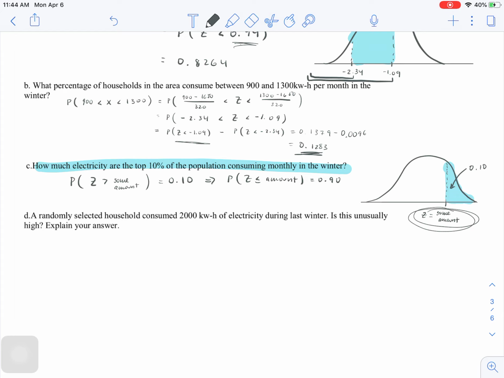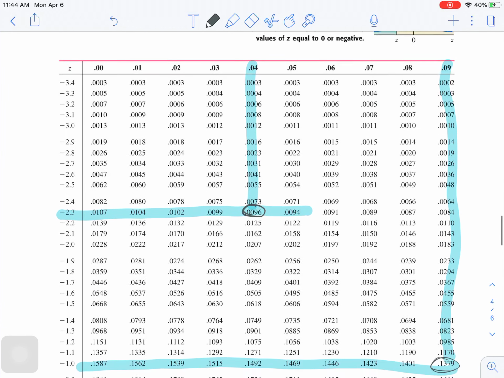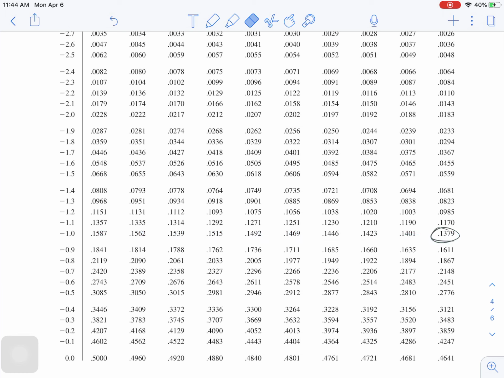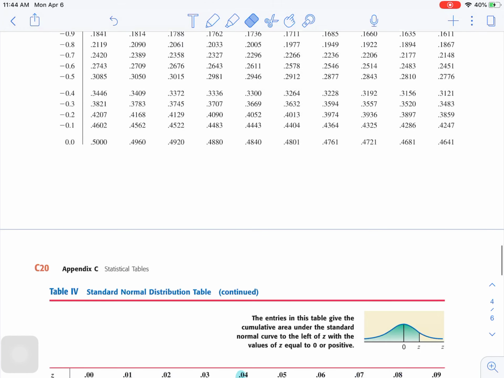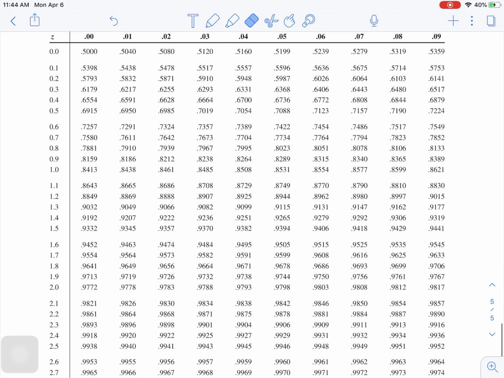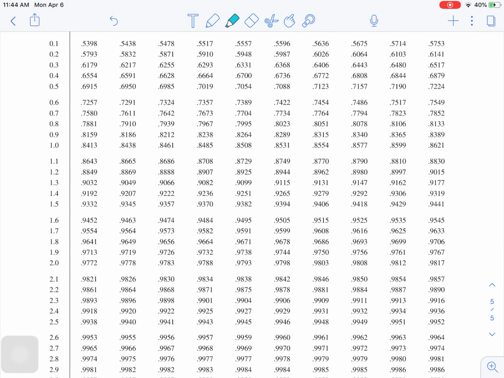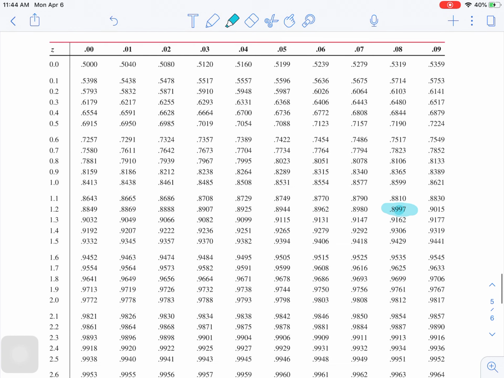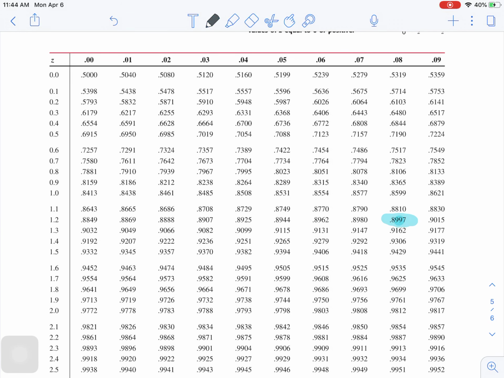So let's find the z-score corresponding to an area to the left of 0.9. Do I see 0.9 on this side? Nope, so I'm going to go to my positive values. Now we're getting close to 0.9. I want to get as close to 0.90 as I can, and this is the closest I'm going to get. So the z-score corresponding to approximately 0.90 is 1.28.